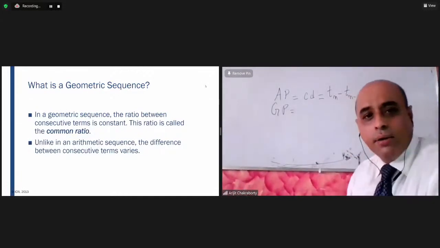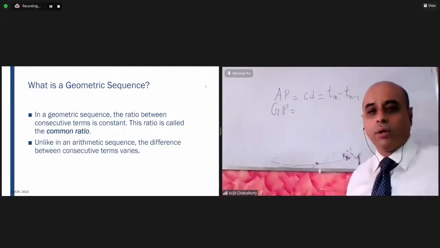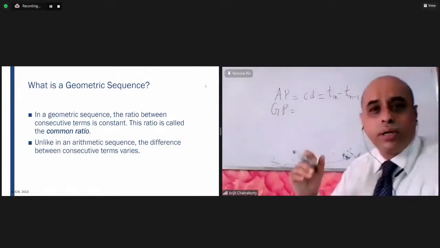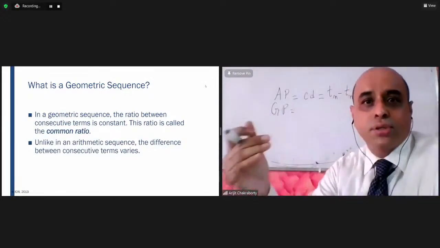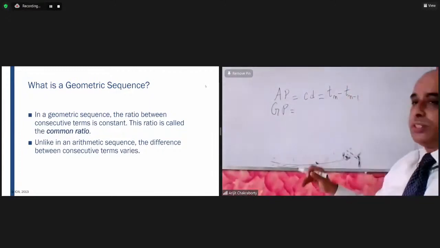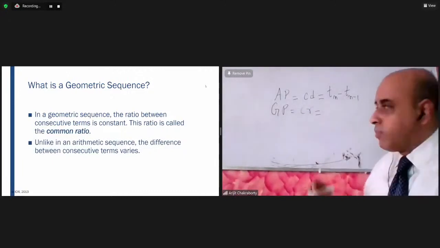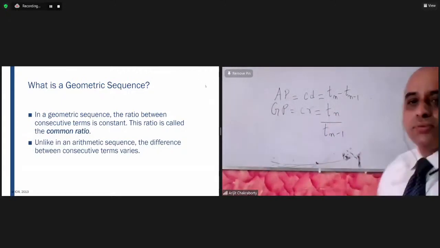That is how you calculate the common difference. But in case of common ratio, as the word ratio means, ratio is nothing but the division of one number by another number. Therefore, in case of GP we will call it CR, common ratio, and it will be given by term Tn divided by term Tn minus 1.